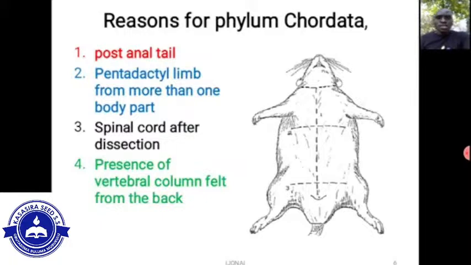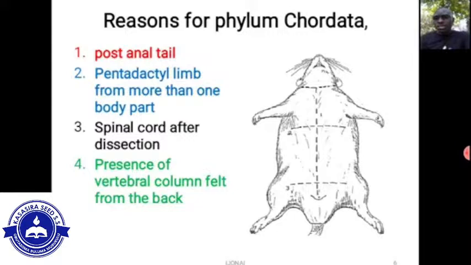Usually these chordates have a limb which terminates into 5 digits, that you can call fingers or toes. These limbs come from different parts of the body, from the fore and the hind part, and all the chordates are like that. So that is one of the characteristics of chordates: having the pentadactyl limb from more than one part of the body.